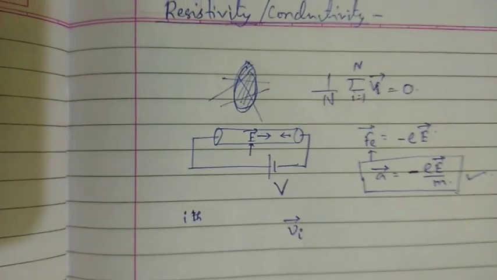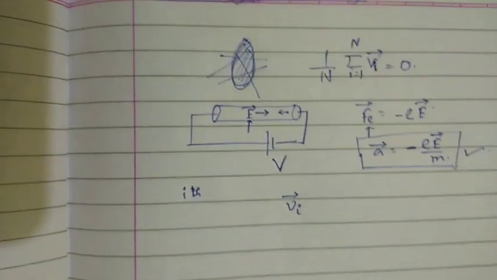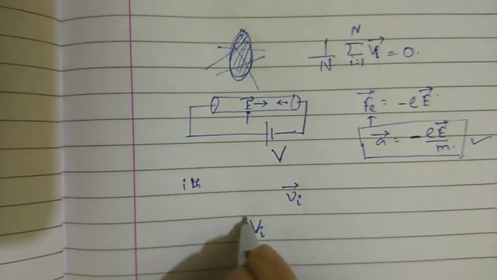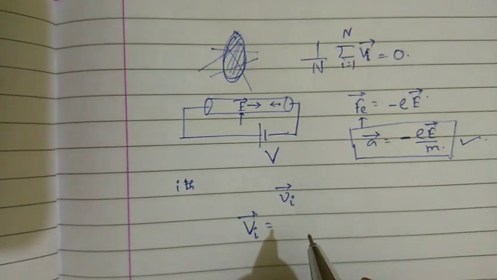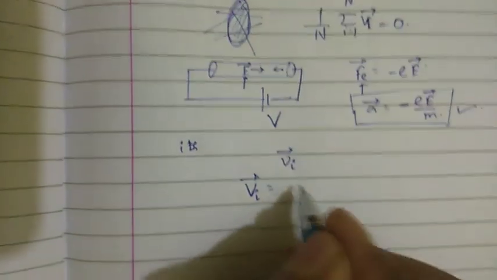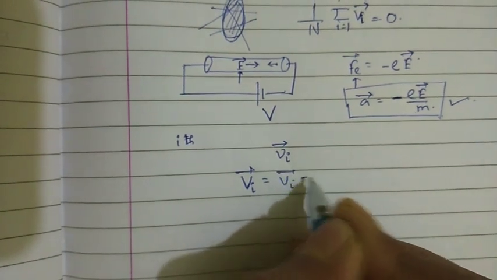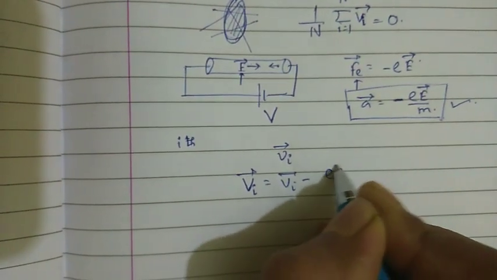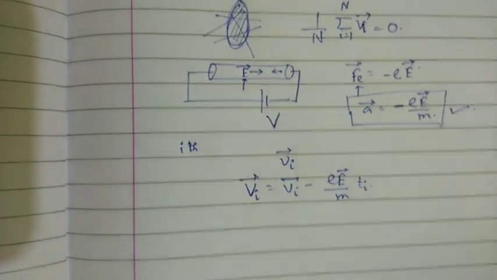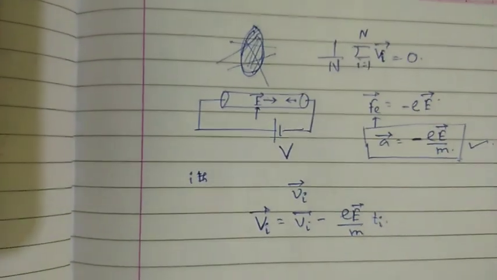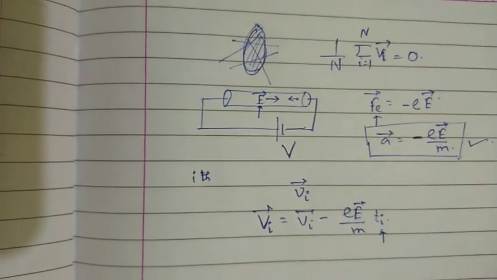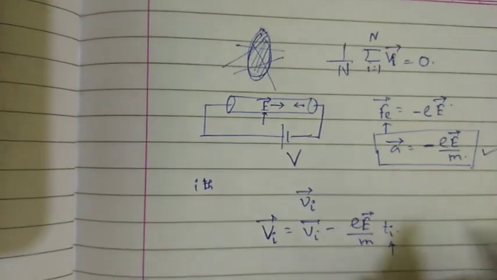So after time t, the velocity of this ith electron will be, try to remember the motion in a straight line equation, v_i equals v_i minus e E by m times t_i, and after this time it will again collide with something, so it is actually being accelerated for the time t_i.